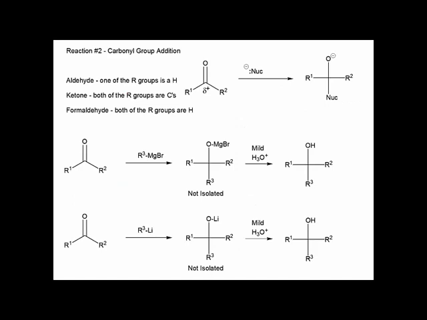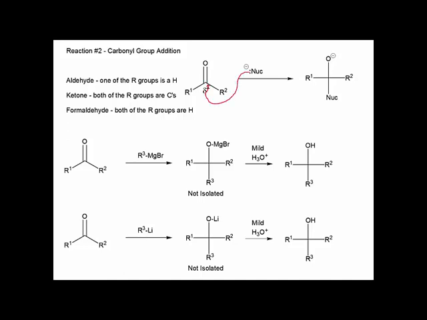This is the number one reaction, and it is going to be an essential part of future chapters. This is the carbonyl group addition reaction. Because there's a partial positive charge here, we can add a nucleophile to this center and make an alkoxide.